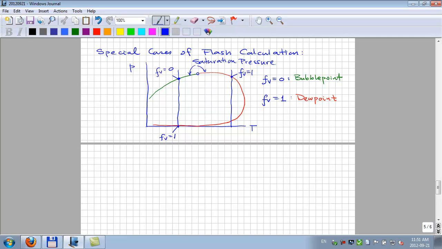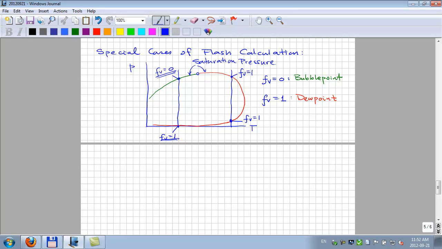It's a dew point. I could try to search for this point. So in this case, we find that there are two pressures that give the same condition of F of V equal to 1. We have a double solution. Whereas on the lower temperature, we've got an upper saturation pressure that's a bubble point, and it has this condition, and the lower saturation pressure is, of course, always a dew point, and has this one.